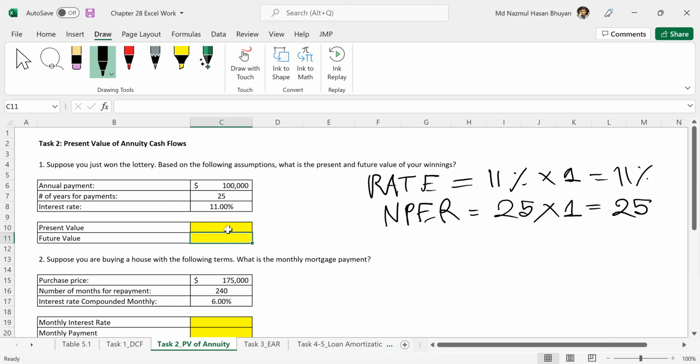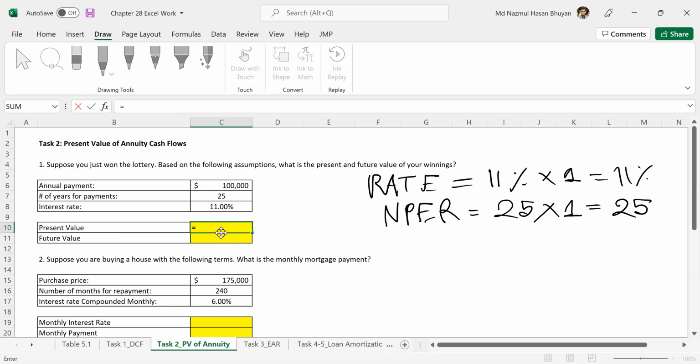In order to do so, I need to make my payments I'm going to use to get this present value and future value negative. Because remember, once again, if you want to get something positive right now, you need to pay something in the future or over a particular time period. Same way, if you want to get something positive in the future, then you need to pay something over a particular time period or at present.